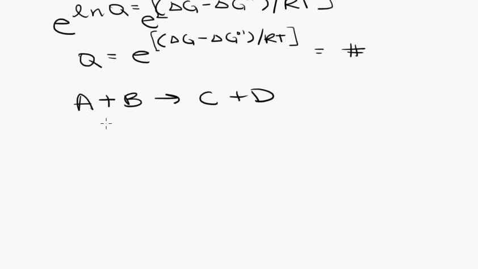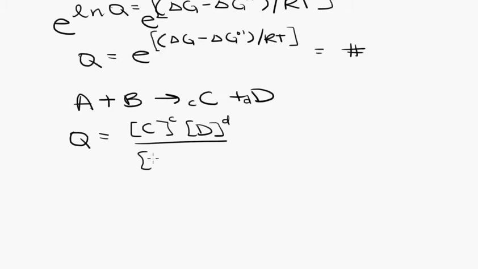So Q here would equal the concentrations of the products raised to the moles of the products, if that's a thing: concentration of big D to the little d, over concentration of A to the little a, concentration of B to the little b. And if you're given 3 out of these 4, then you can actually solve for the other one.